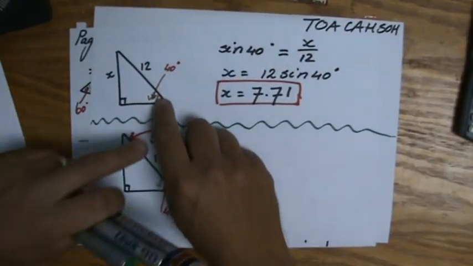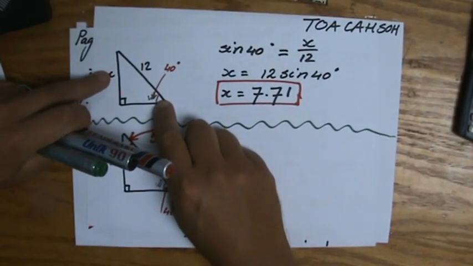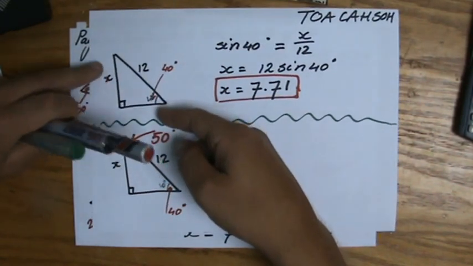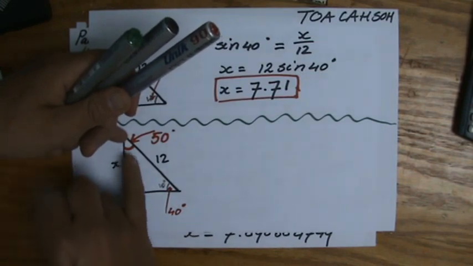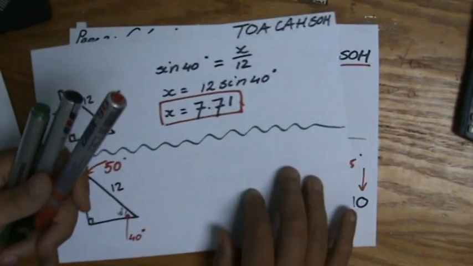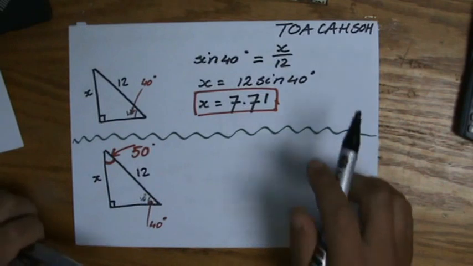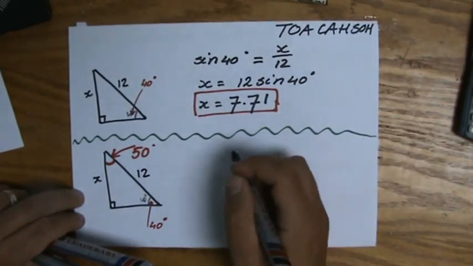Where here I wanted to find out my opposite, and they give me my hypotenuse. If I stand in my 50 degree angle, I want to find out my adjacent, and they give me the hypotenuse. Now, adjacent and hypotenuse, that's the cosine.